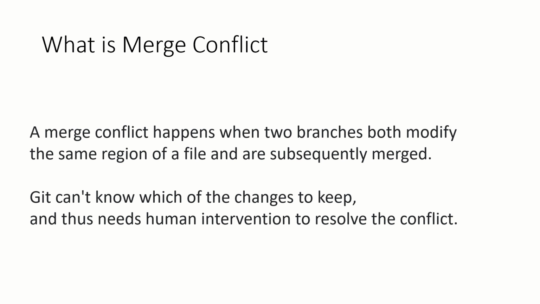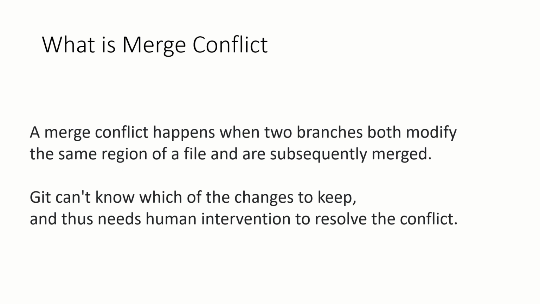Now let me go to developer 2. So developer 2 has made changes in the same file at the same line, but different from what the test 1 branch, or developer 1, has committed.